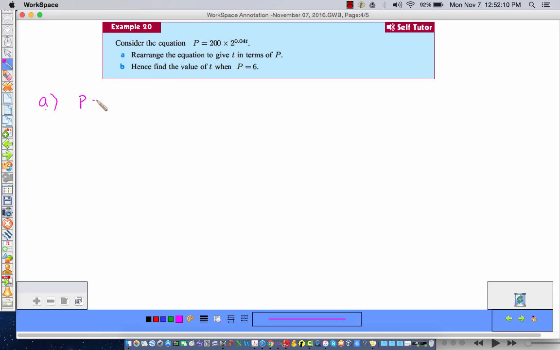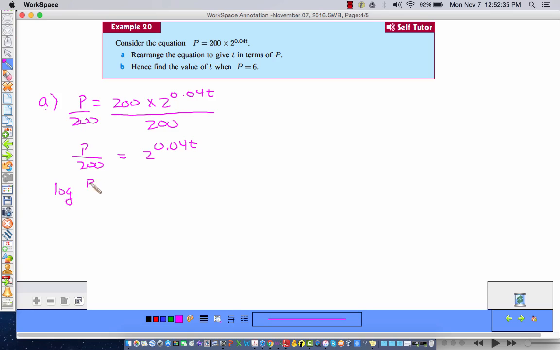So let me write this. P equals 200 times 2 to the 0.04t. I think that'll be easier in the long run. Divide both sides by 200 first. So now I have p over 200 is equal to 2 to the 0.04t. Now I'm going to take the log of both sides.